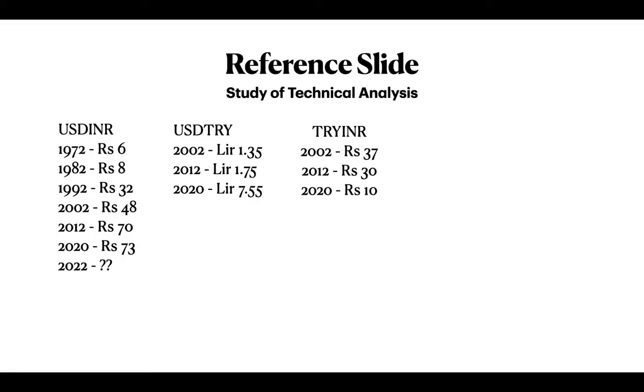So let's begin with the USD INR. In 1972, we have the base. So we know Bretton Woods actually took place, and the gold standard was sort of abolished. In 1972, at that point, the ratio of our currency with the US dollar was 6 is to 1. In 1982, this price became 8 is to 1.